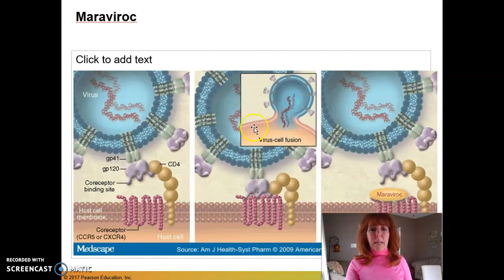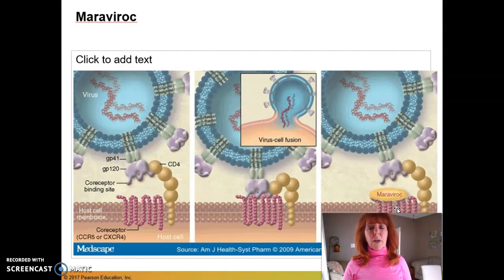Now, you can take basic discovery and then turn it into technology. There is a drug called Maraviroc, which has been created, which sits down on the CCR5. So even if you have good CCR5, when the virus is trying to get into your cells, the Maraviroc blocks its entry by not allowing the GP120 to interact with the CCR5.